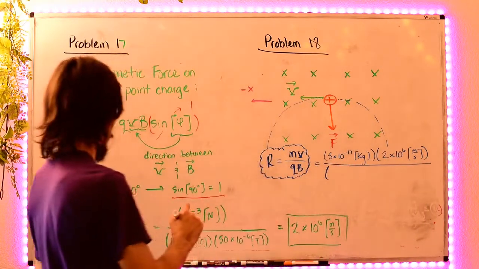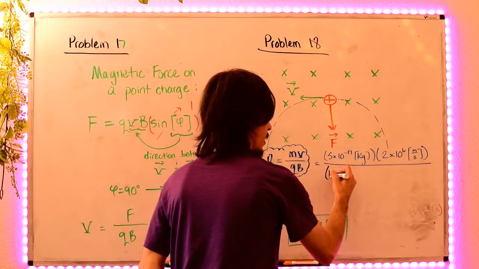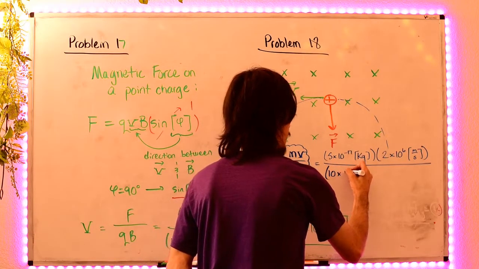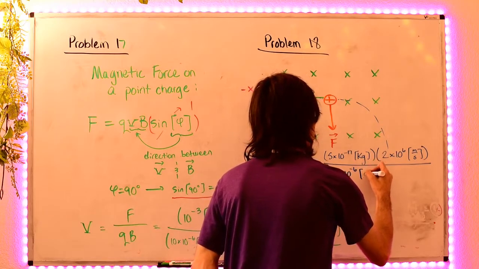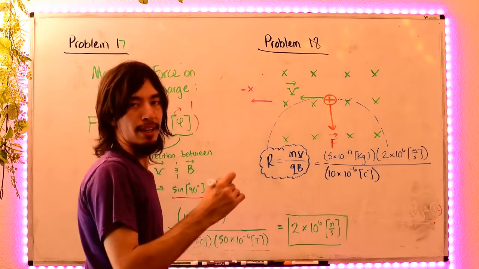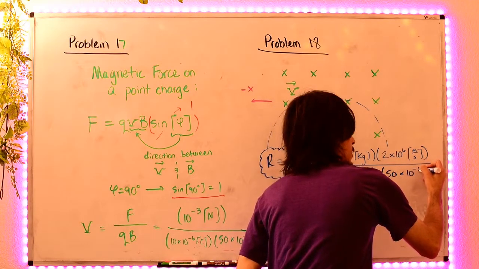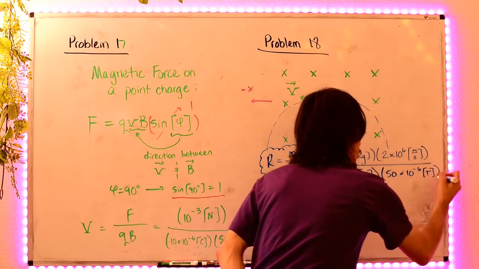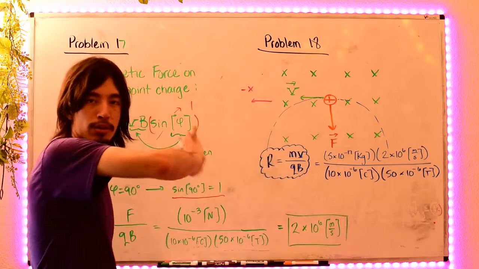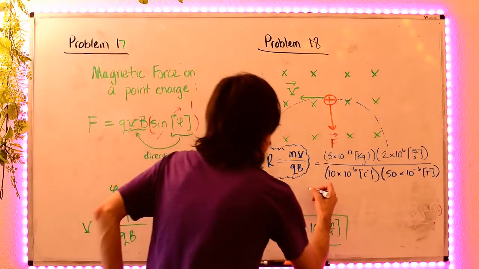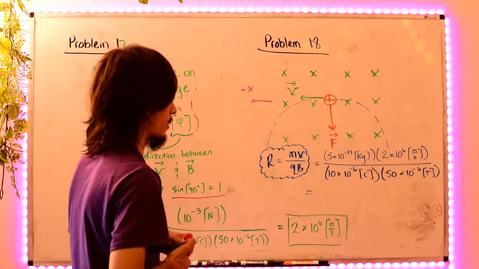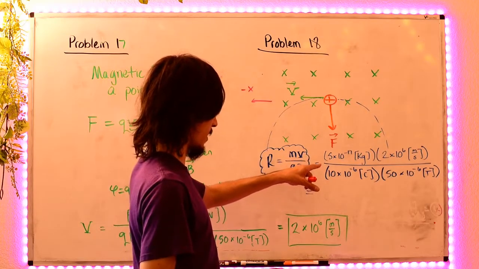The charge was 10 microcoulombs, so 10 times 10 to the minus 6th coulombs, and the magnetic field strength was 50 times 10 to the minus 6th. Standard units are Teslas. So you plug all those numbers into that equation, and you just get something out of that.